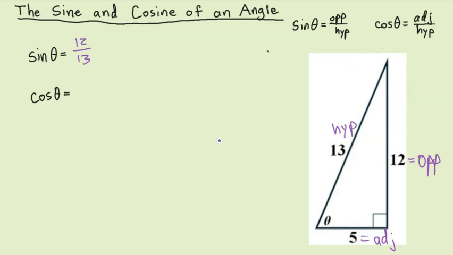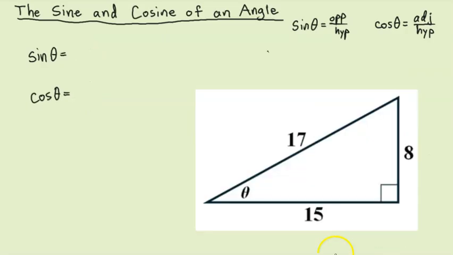But now that we've moved theta to the other angle, sine is now 12 over 13. And there's meaningfulness to that phenomenon, okay? And then cosine of theta now, with theta here instead of over here, theta is going to be adjacent, that's 5 over hypotenuse 13. 5 over 13, okay?